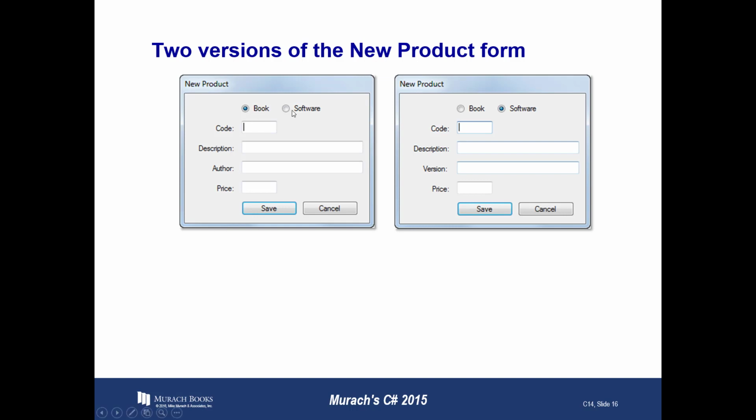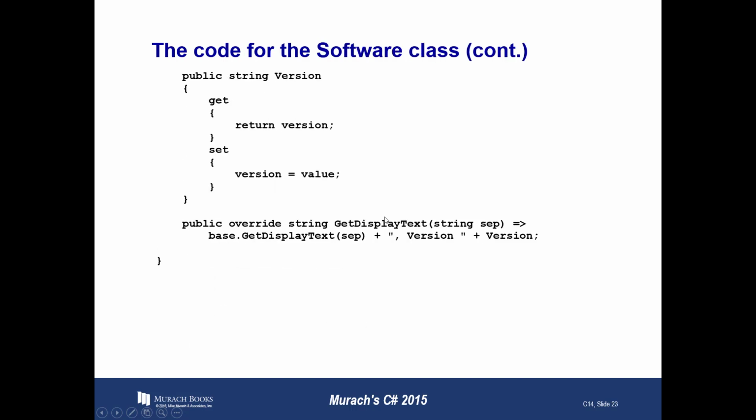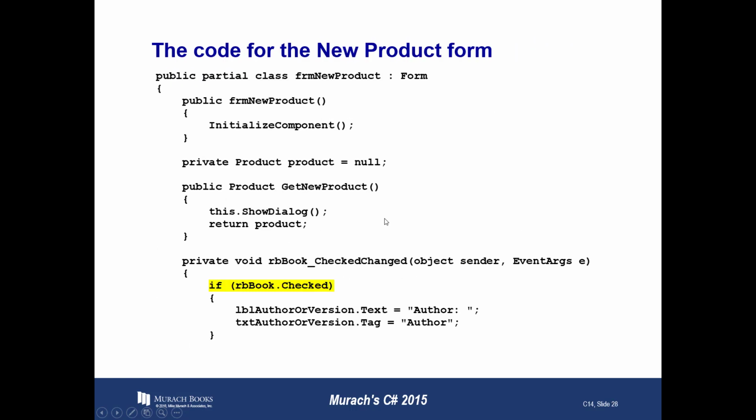And based on which of these is checked, checked is really the right term, if that's checked, we want it to be author in this, and if that is checked, we want it to be version in this. And that's kind of what we're looking at in here.